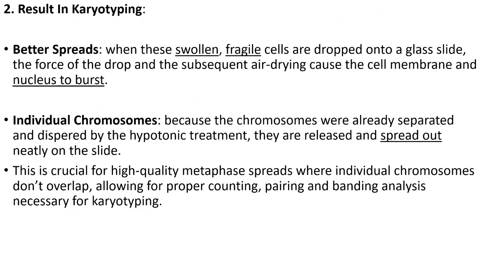Now let's see the results in karyotyping. What will we get by using this hypotonic potassium chloride? We will get a better spread of chromosomes, because due to treatment with hypotonic potassium chloride, the cell will swell and it will become fragile, which helps the nucleus to burst when we drop the pellet from a height.